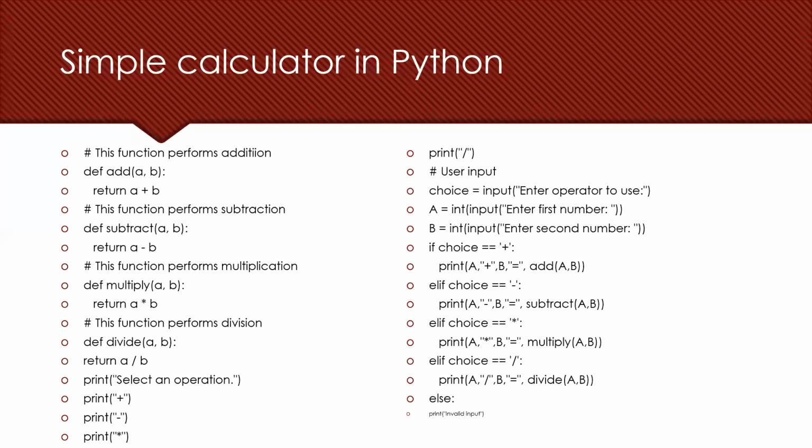Then after that, if choice is equal to plus, then add. If the choice is equal to minus, then subtract. If the choice is equal to multiplication, then multiply. If the choice is equivalent to division, then divide. If it is not that one, it is called an invalid input.